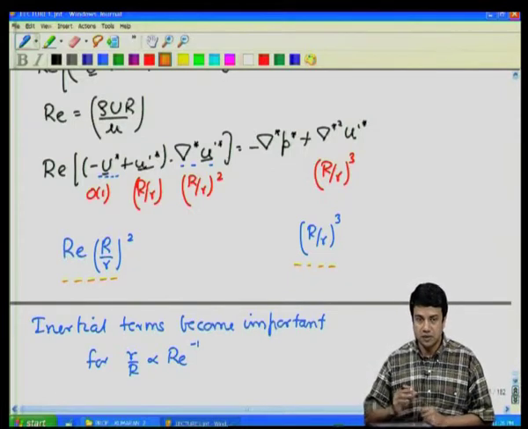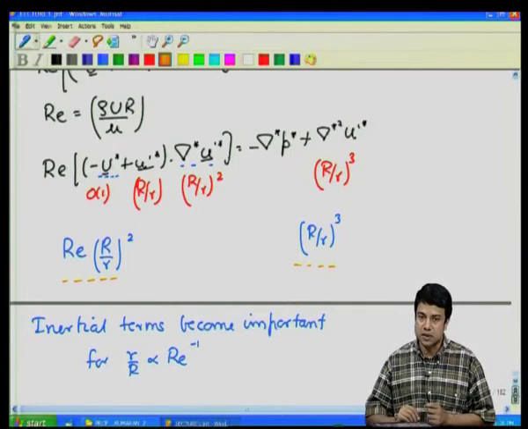So, this simple calculation states that even when the Reynolds number is very small, there has to be some large radius at which inertial terms become comparable to viscous terms. R by r is proportional to Re inverse.